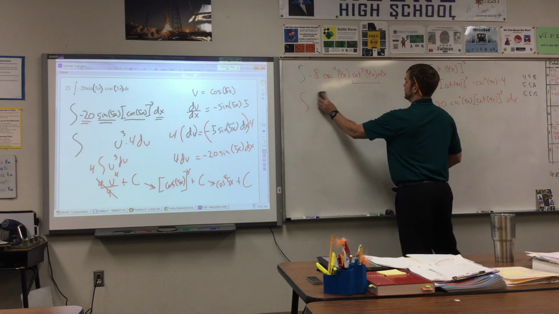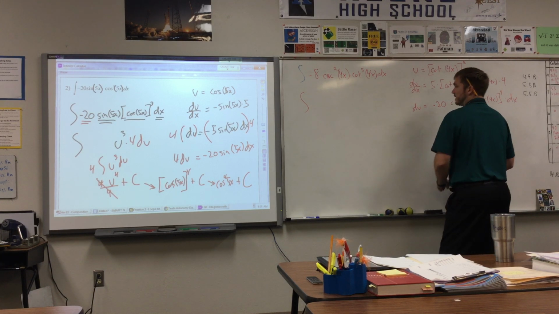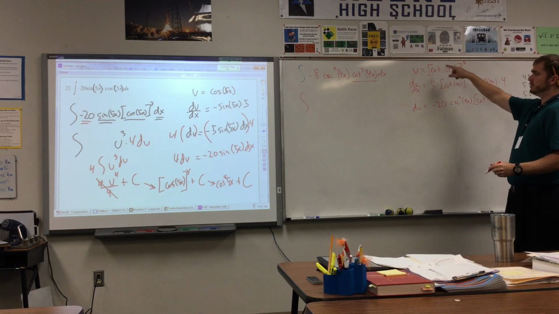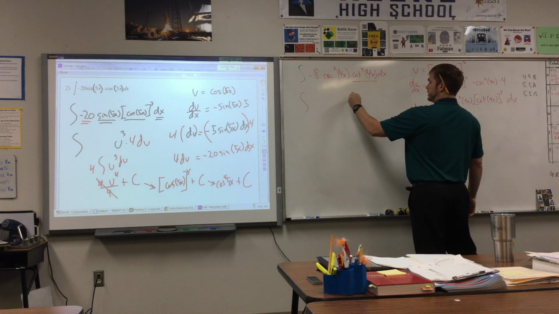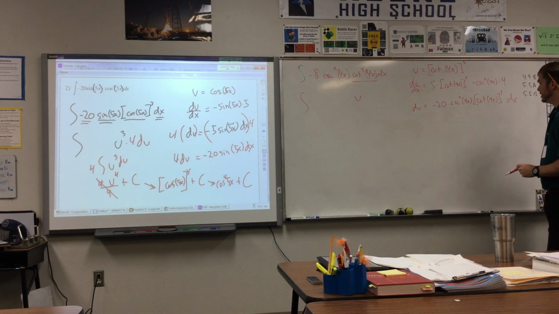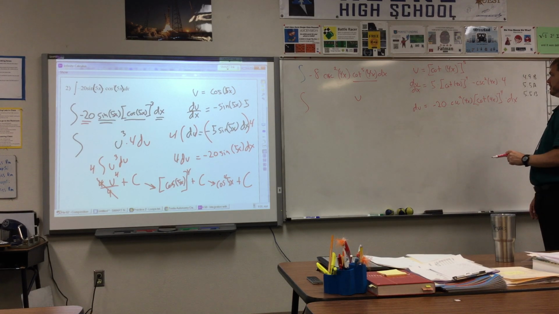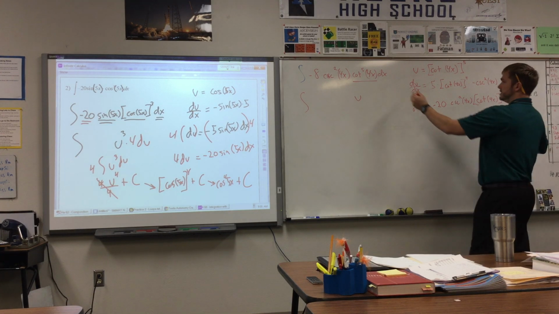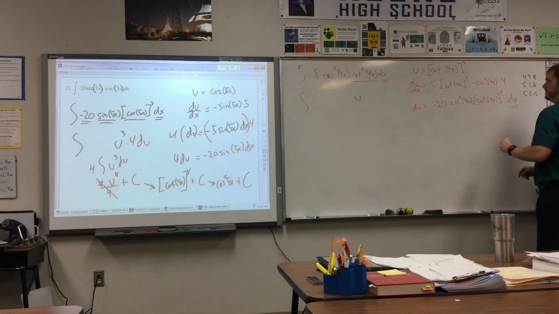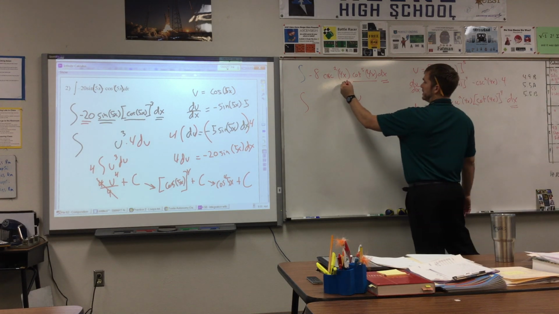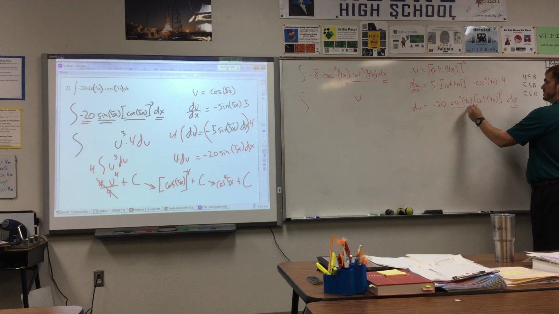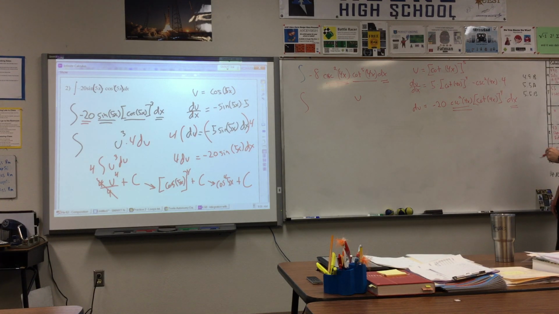Alright, now let's see what we've got here. I can replace the cotangent to the fifth 4x with a u, and I've got the dx taken care of right here. I've got the cosecant squared 4x taken care of right there.